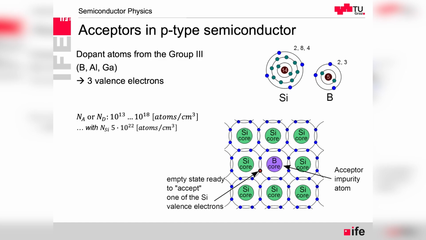Now, in the previous plot, where we looked at how the charge carrier concentration changes as a function of temperature, we were seeing this Arrhenius plot, which in logarithmic scale is a straight line. If we focus for a moment on the numbers there, in silicon we have 5 times 10 to the power of 22 atoms per cubic centimeter.